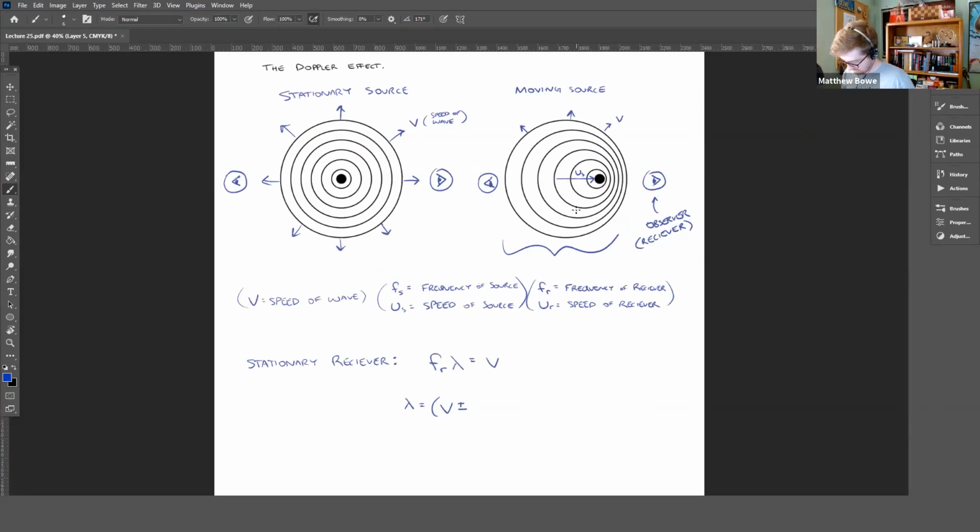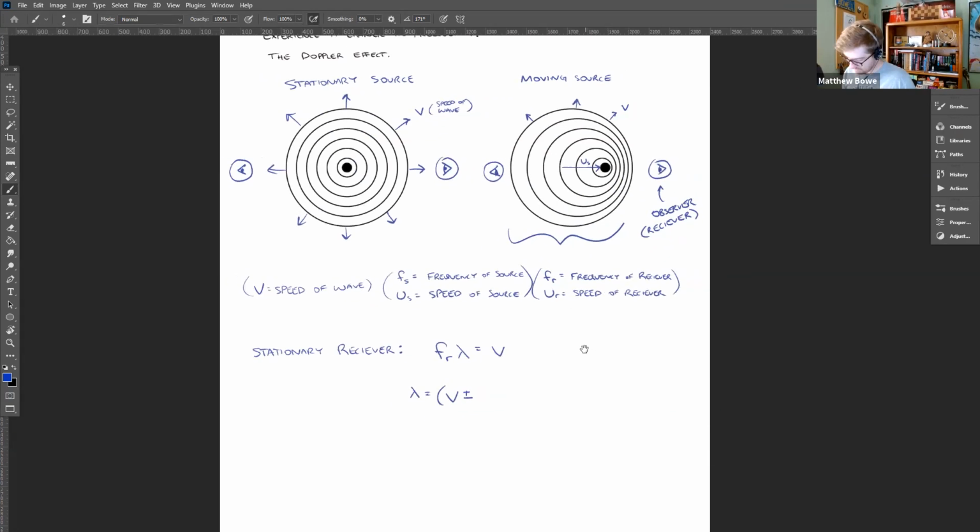And then we pick a plus or a minus. So we have the velocity of the wave, plus or minus the velocity of the source.